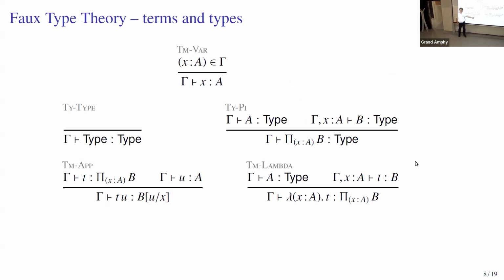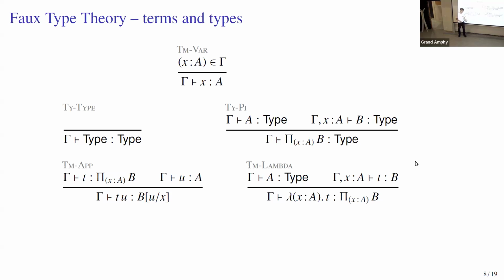And I need to check that it has type C. My first step will be to magically undo this C and write it as B with U of X. So if I just give you a type and you have to do this rule, you would have to magically convert C to something of this form. That already doesn't look right. You don't want that.